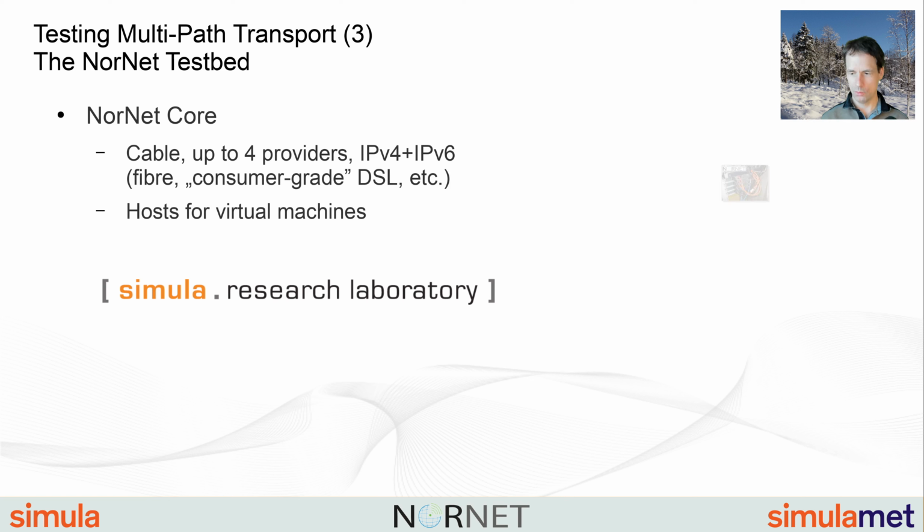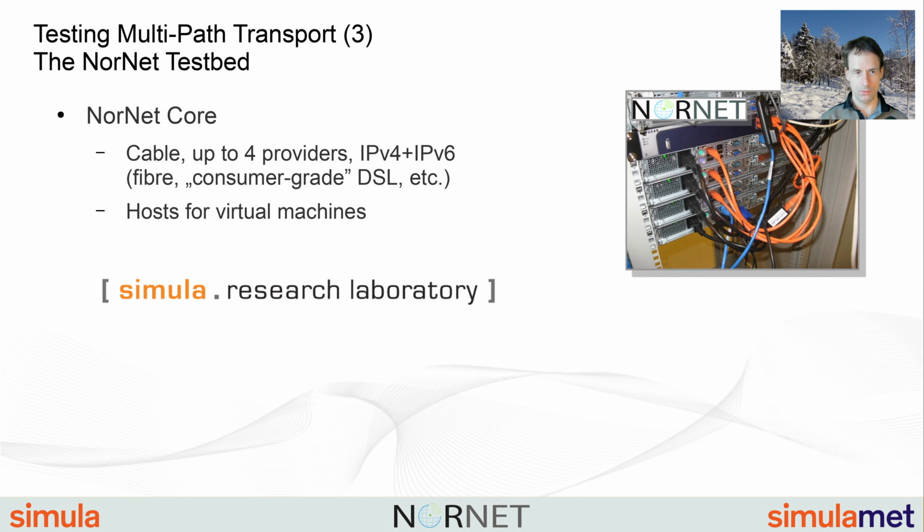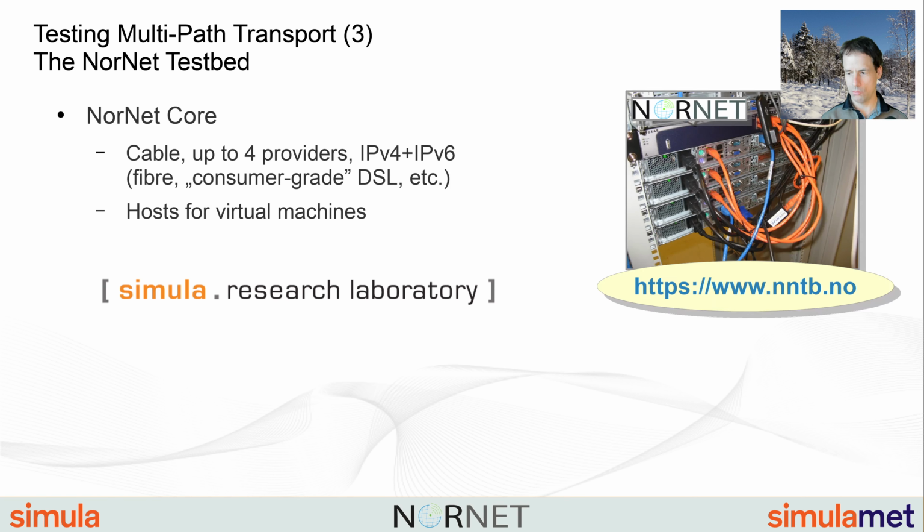And NorNet consists of two parts. One is NorNet Core, which I will introduce in a little more detail in this talk today, which consists of landline connected internet setups at different sites, having a deployment of a couple of servers at each site, hosting virtual machines for research experiments. And some time ago we had 21 locations, 11 in Norway and 10 abroad.